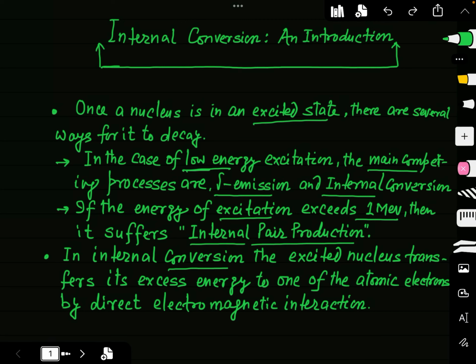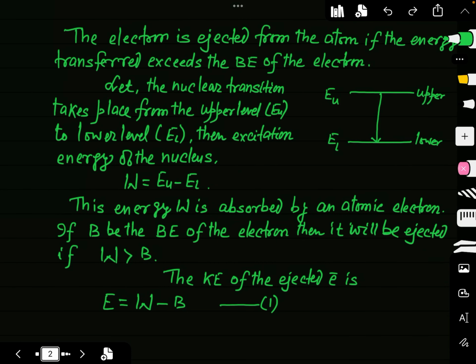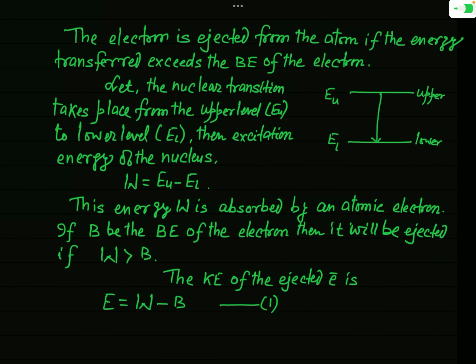And whether the electron will be ejected or not depends completely on the binding energy of the shell in which the electron was present before the absorption of energy. So to understand this concept, let us consider two energy levels of a nucleus.